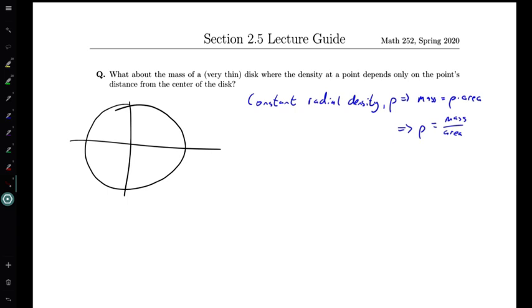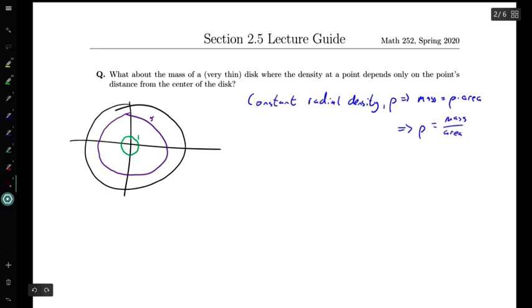What exactly does it mean for the density to depend only on a point's distance from the center? Well, it means that all of the points on a given circle have the same density. So in other words, points here, on this circle, might have density 5, and points, let's say here, might have density 1.